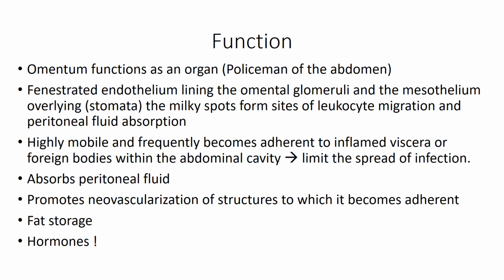Now we have discussed that the peritoneal stomata act as the absorber of the peritoneal fluid. Then it promotes neovascularization of the structure to which it is adherent, because of fibroblastic growth factor and others, which promote the neovascularization.